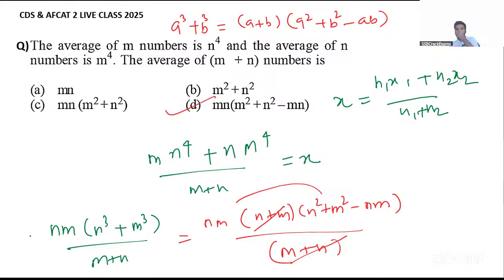So these are some formulas that you might not know. You should have known these formulas: a cube plus b cube, a plus b whole square, a square minus b square. You might have known. There is another, a cube minus b cube. You should know that as well. Okay. Anybody know what is a cube minus b cube? Anybody wants to tell me?